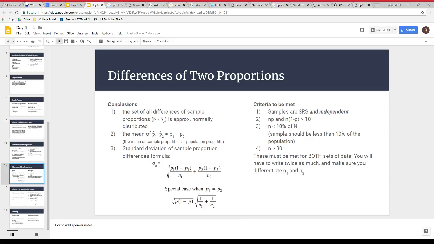A confidence interval is taking the statement, I can be 95% confident that the population mean is going to lie between these two values.